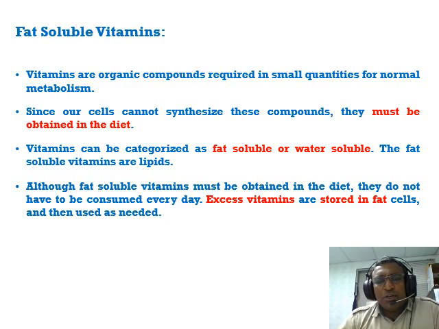In terms of vitamins, they can be divided as fat soluble as well as water soluble. The fat-soluble vitamins are the ones referred to as A, D, E, K, while the water-soluble ones are B and also C.